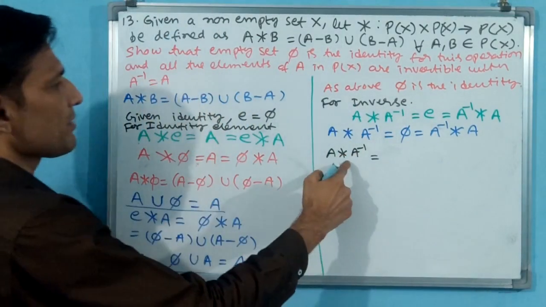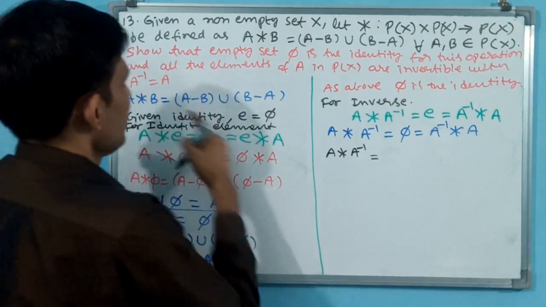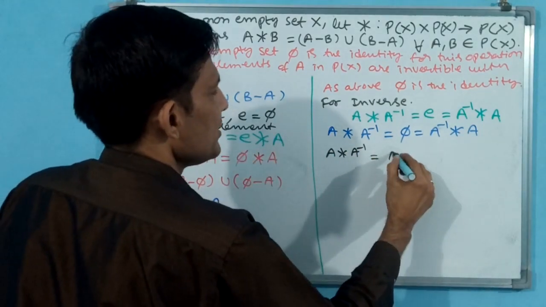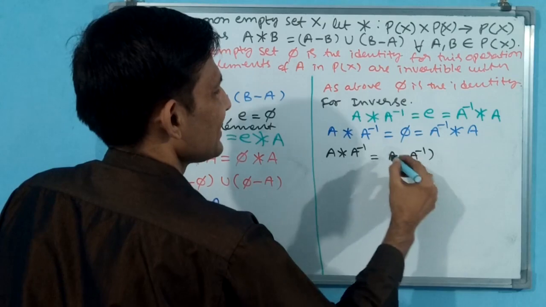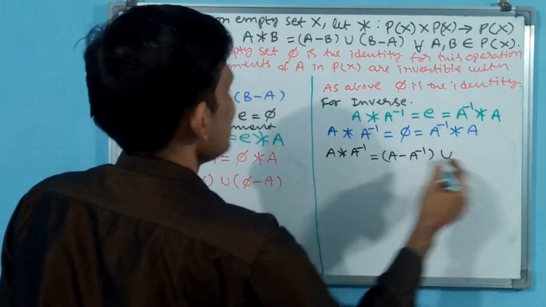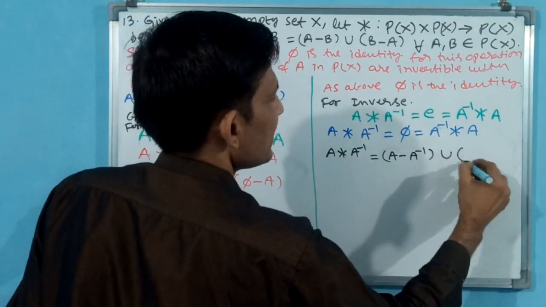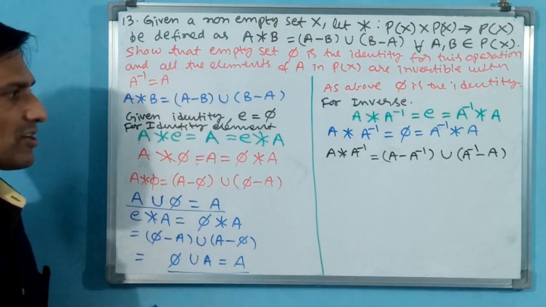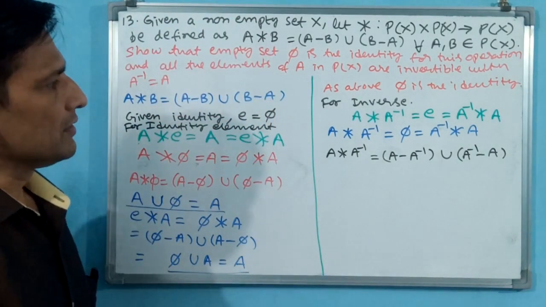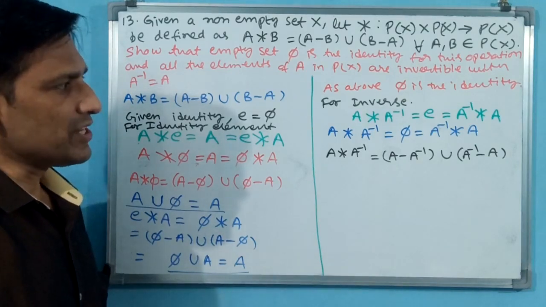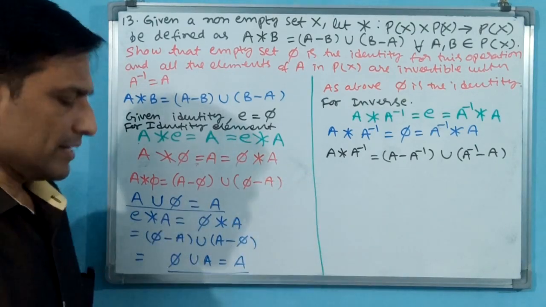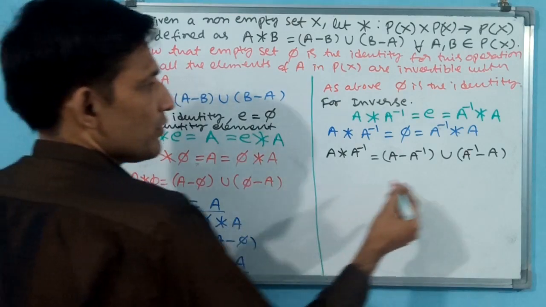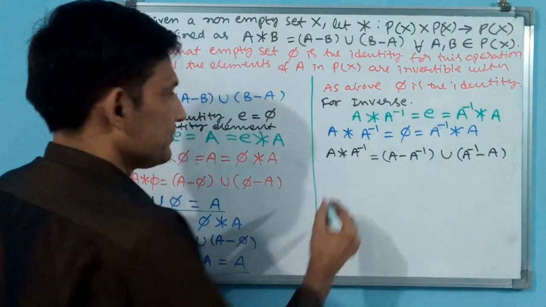We have forgotten to write the operation. Operation means this one: A star B is A minus B union B minus A. So A star A inverse is A minus A inverse union A inverse minus A. You understand? That you have to write. Okay. Now this has to become the empty set.